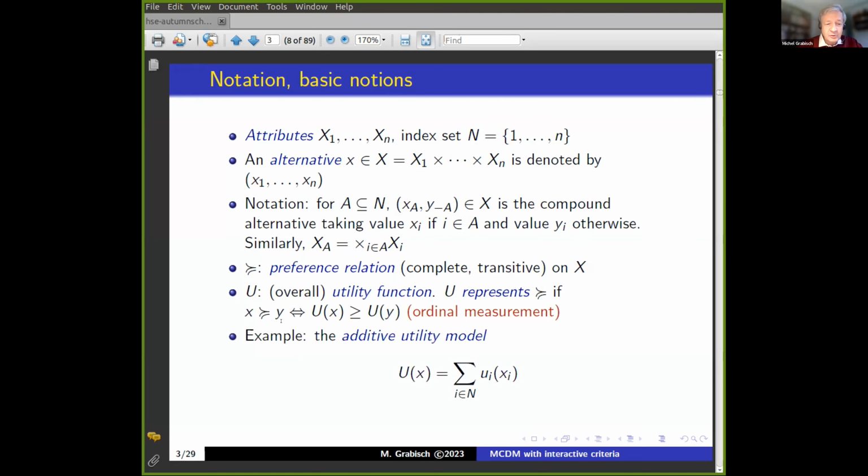One of the most simple models is the additive utility model. We simply decompose the utility function on the Cartesian product X into a sum of marginal utility functions Ui on every attribute. This is one of the simplest possible models.